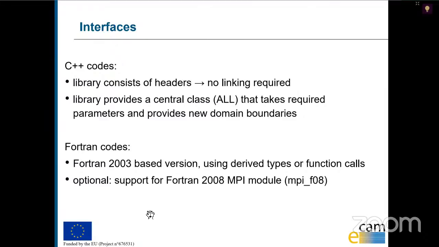For Fortran codes, we provide a Fortran 2008 based interface where you either can use derived types or function calls. Optionally, you could also use the MPI F08 module, but then of course you need to support Fortran 2008.